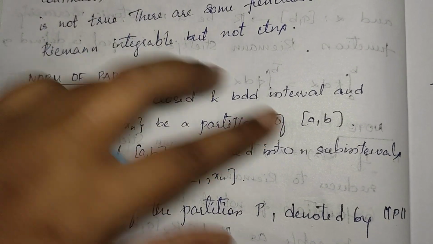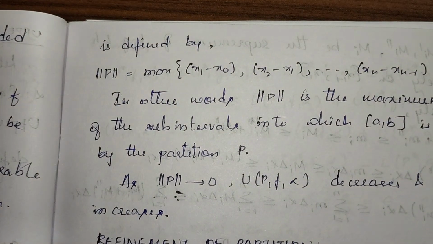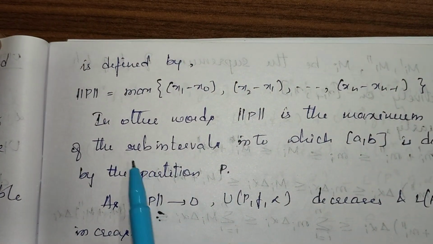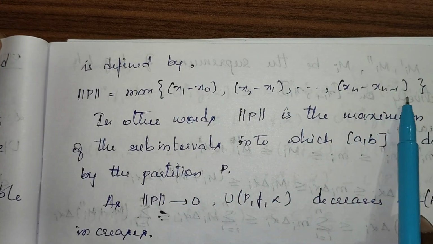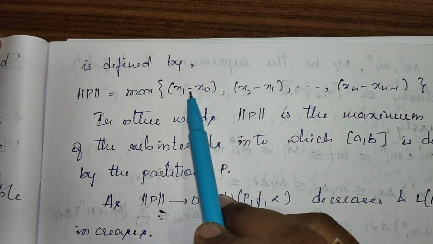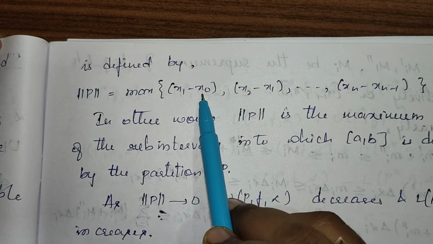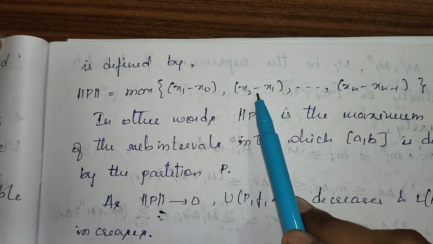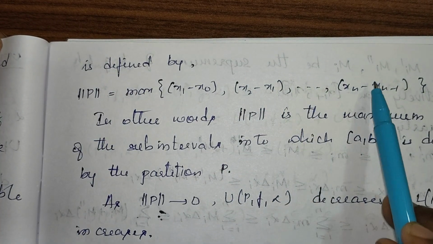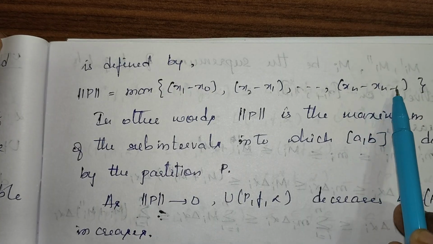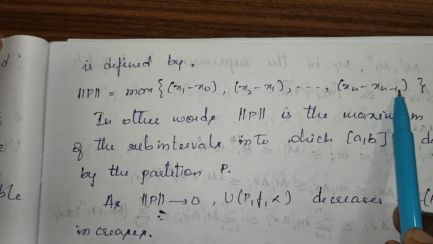And it is defined by the maximum of all the lengths. See here, x1 minus x0 is the length of the first subinterval, x2 minus x1 is the length of the second subinterval, and so xn minus x(n-1) is the length of the nth subinterval.